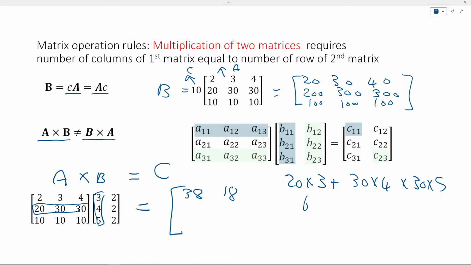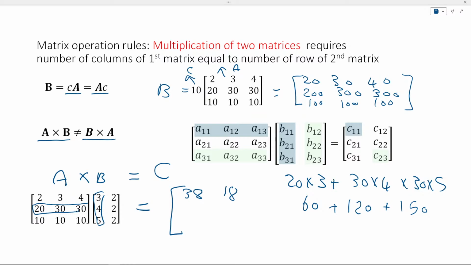So that would be 60. That would be 120. And that would be 150.